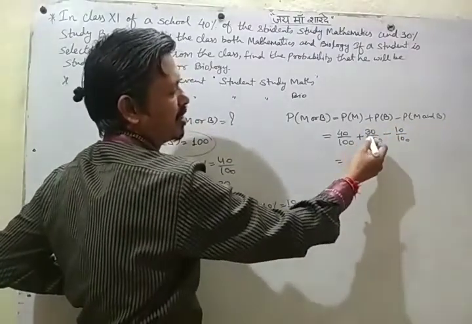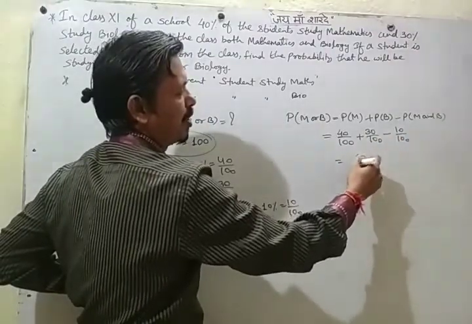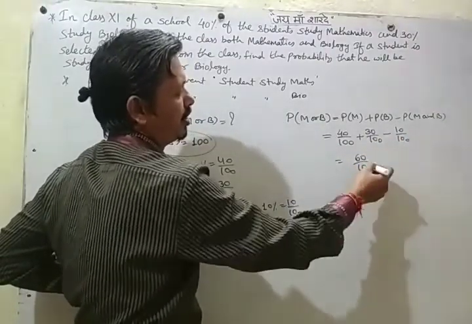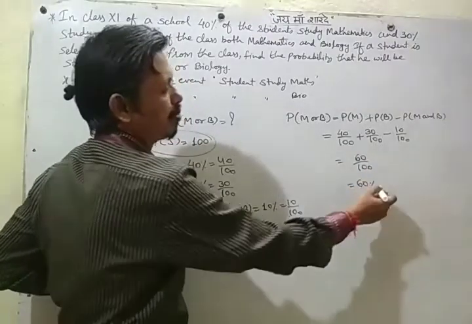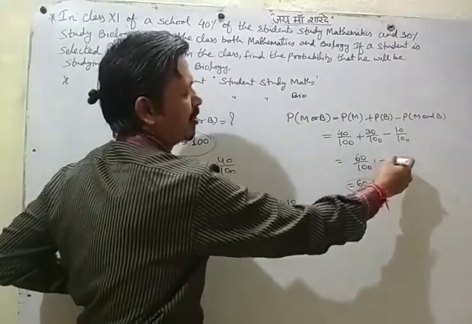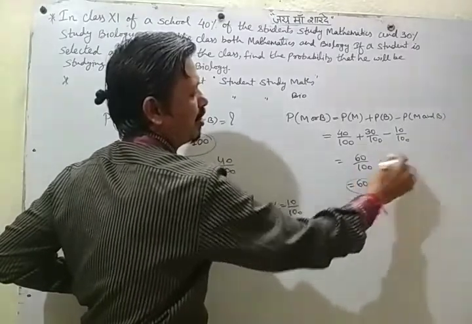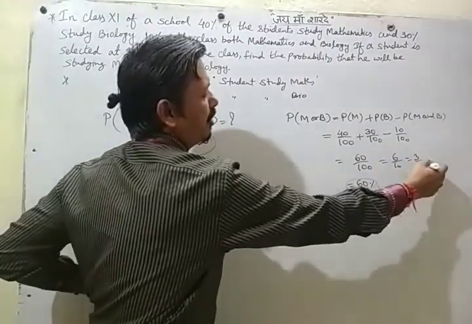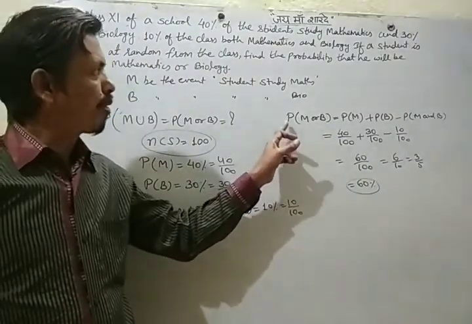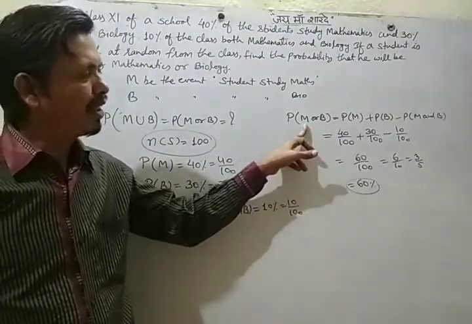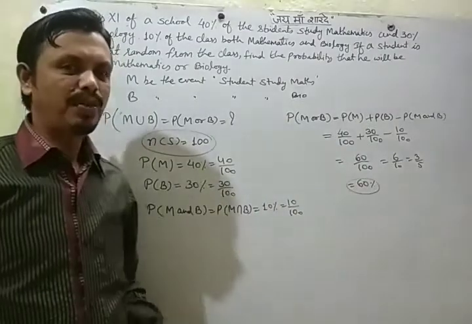So just 40 plus 30, 70, minus 10, 60 by 100. Okay, or you can say 60% students. Probability is 60 by 100, or you can say 6 by 10 or 3 by 5. Okay, so 3 by 5 is the probability that the student will study mathematics or biology.